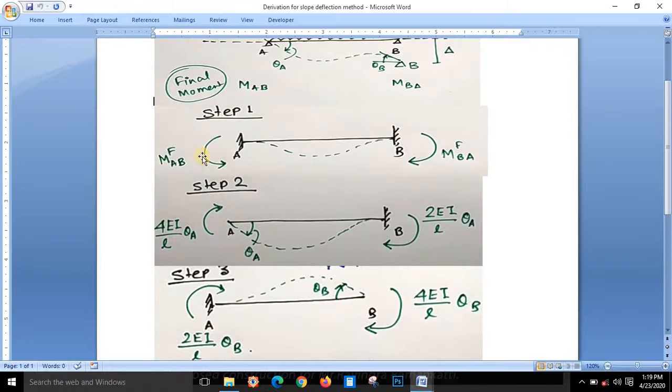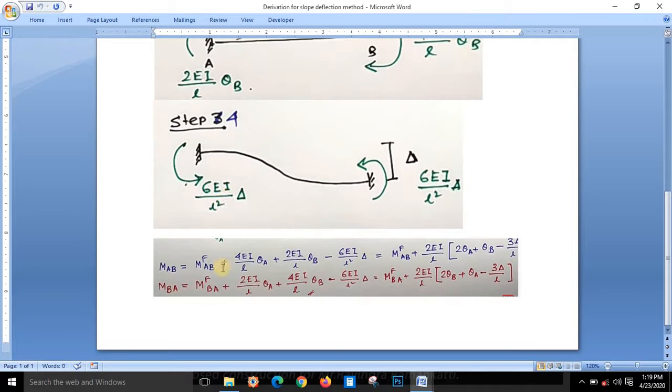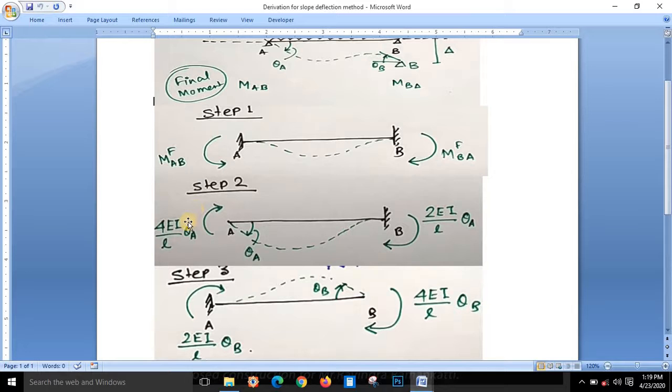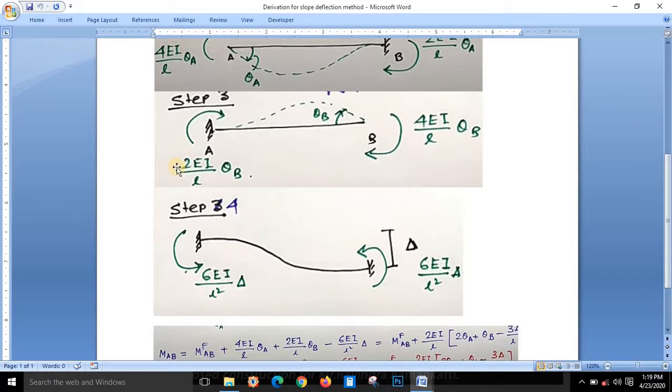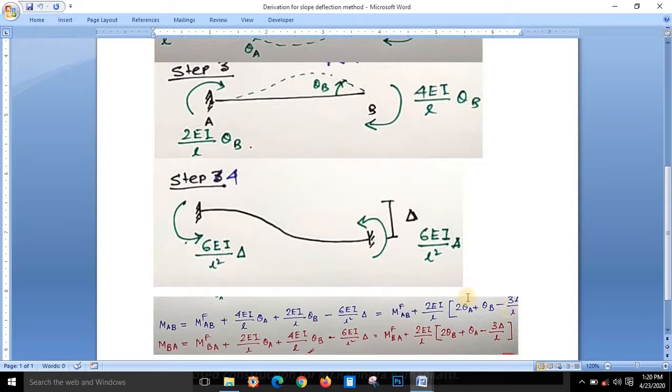You can see this is MFAB, it is positive, plus 4 EI by L into theta A, next 2 EI by L into theta B, and minus 6 EI delta by L square. So I am going to simplify it. MFAB I am going to keep as it is, plus 2 EI by L as a constant. So this is the equation which remains.